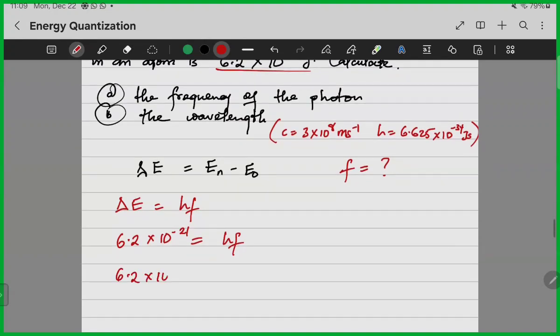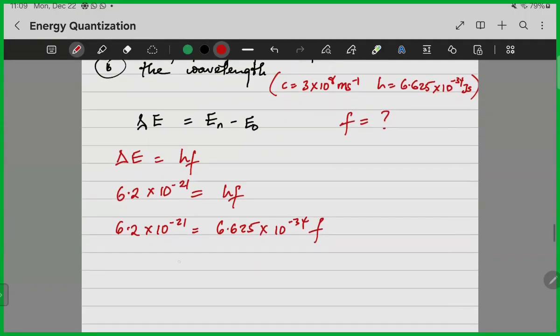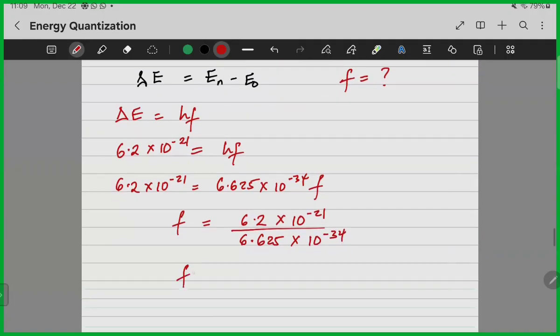6.2 times 10 to the minus 21 equals 6.625 times 10 to the minus 34 times F. So F is definitely going to be 6.2 times 10 to the minus 21 over 6.625 times 10 to the minus 34.